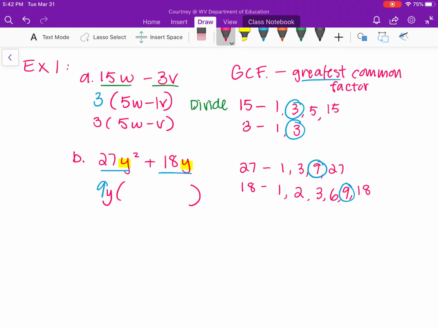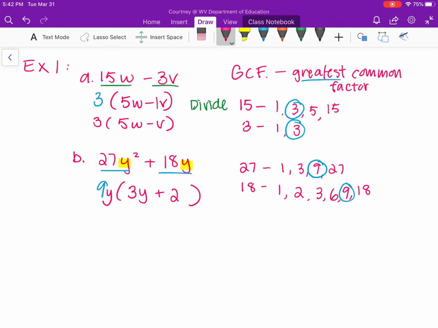So on the inside, let's write what they have left over. So we took a 9 away from 27. 27 divided by 9 is 3. If we took 1y away from y squared, there's still 1 y left. Okay, over here, 18 divided by 9 is 2. And we took 1y away, so there's nothing with the 2.